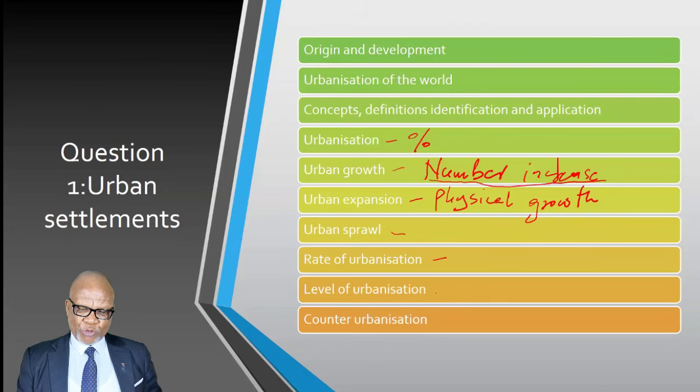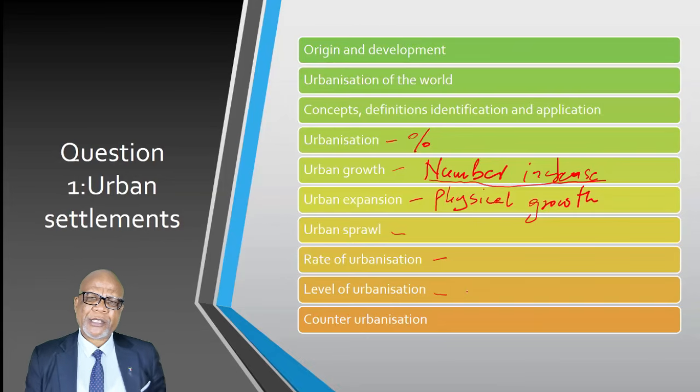So then we talk about level of urbanization. Level of urbanization simply refers to the actual percentage of urbanization that has taken place. So we can have a high level of urbanization.